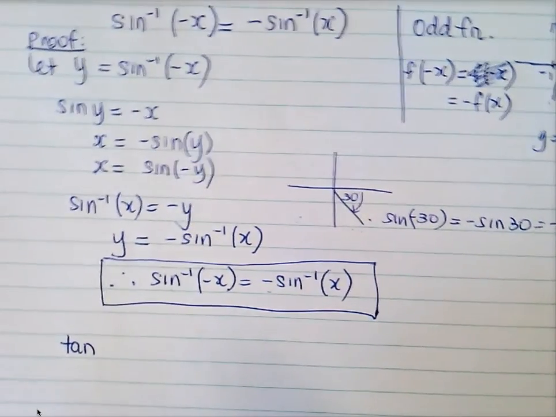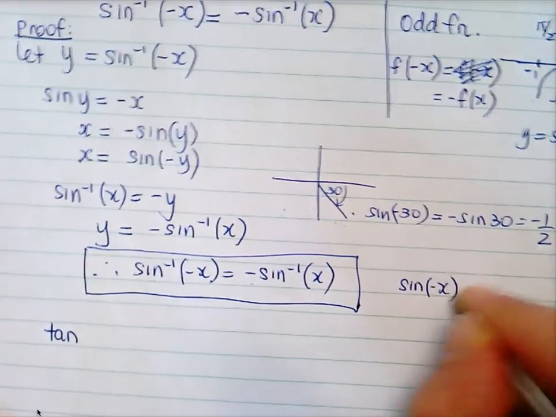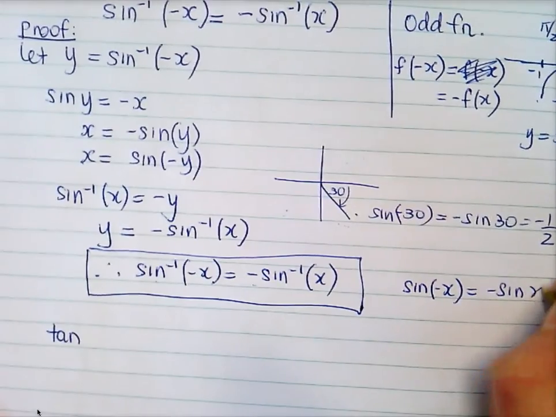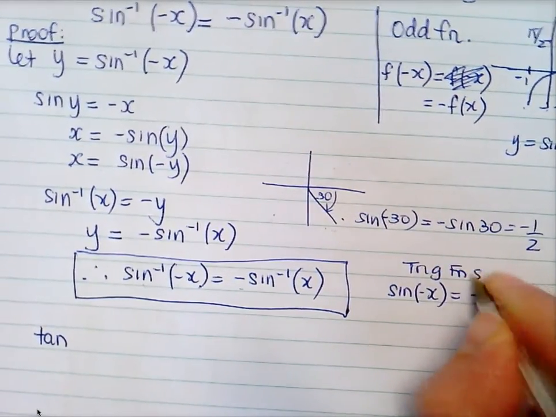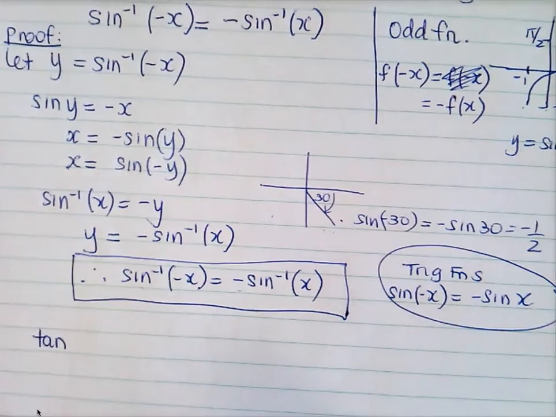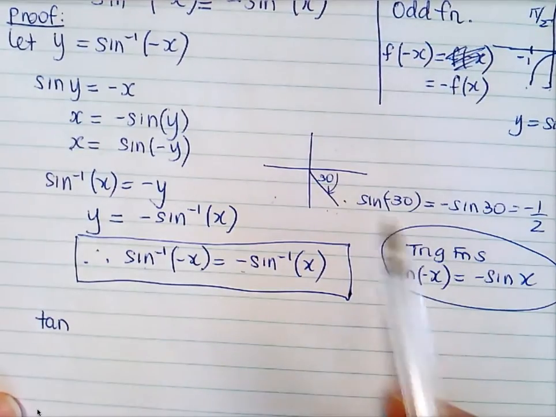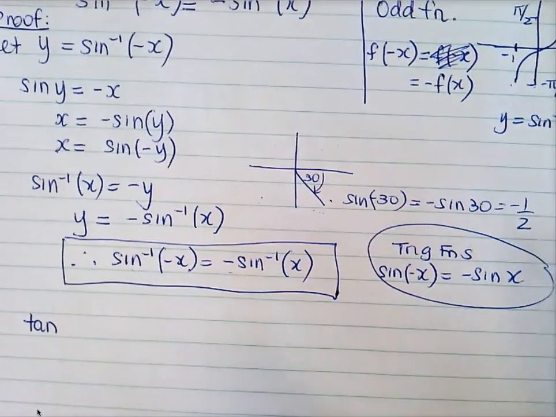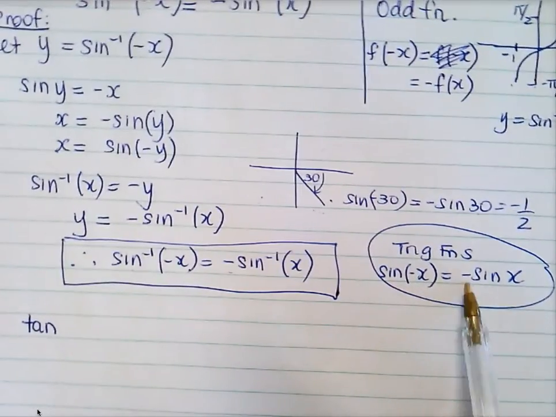Negative sine x. Do you remember that from when we did trig? Sine of negative 30 is negative sine 30. So in ordinary trig functions, sine of negative x is negative sine x.